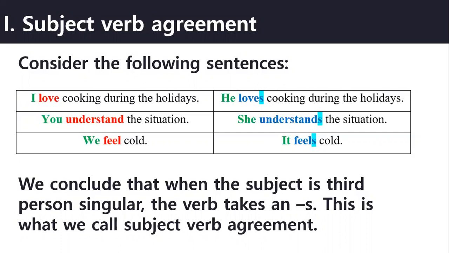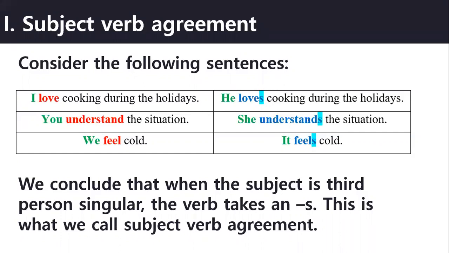Notice that the verbs in the second column, loves, understands, feels, have an S on them, while those in the first, love, understand, feel, do not. Thus, the verbs with S have third-person singular pronouns as subjects: he, she, it.